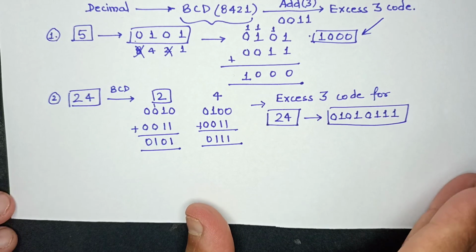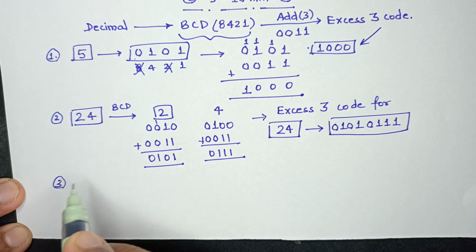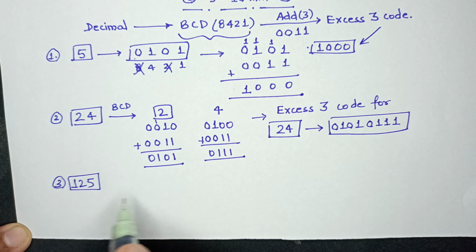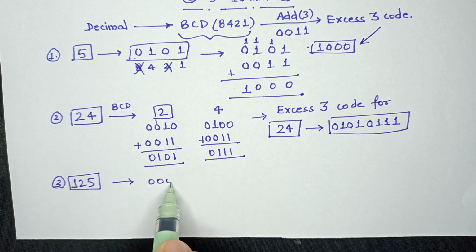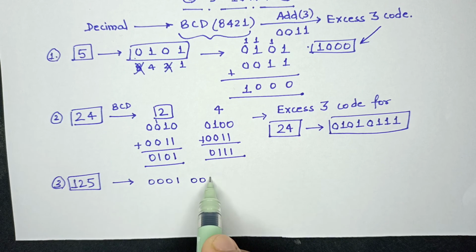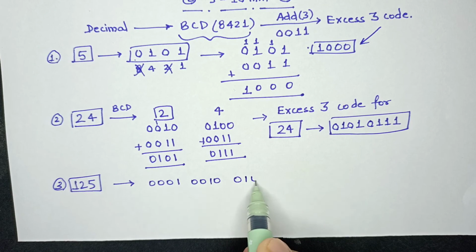Now let us take one last example with which we can round off the video. Let us take the number 125. First we write the BCD equivalent of 1, that is 0001. Then we have 2, given by 0010, and then we have 5, which is 0101.